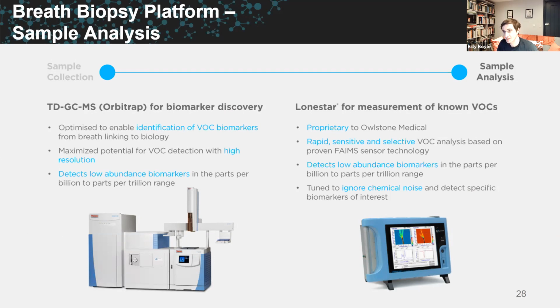We've built a breath biopsy lab, which is kitted out with some of this high-end instrumentation. We have a partnership with Thermo Fisher there. And this is all about trying to do that initial identification of what the most important biomarkers are. And once you know that, you're off to the races. You can program it into our technology, other mass spec instruments as well. And that's where you're quite close to having a test.